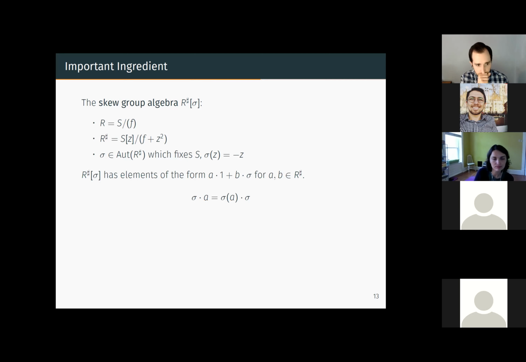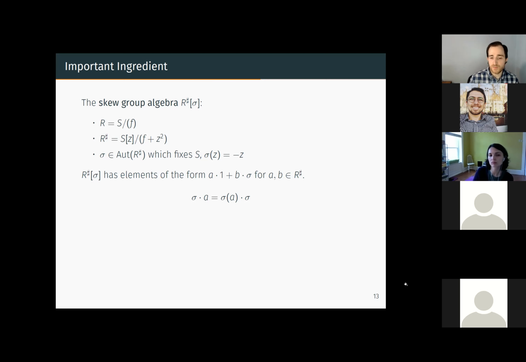So let me just say a few things about it. First of all, it has elements of this form, like a group algebra. It has coefficients from R sharp, and then you have the formal multiplication with sigma. And you can multiply sigma on the left of an element of R sharp, but you have to pay the price of evaluating sigma at this ring element to move it past.